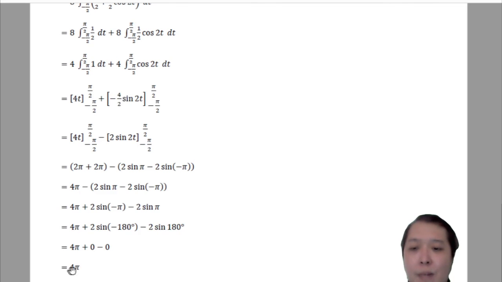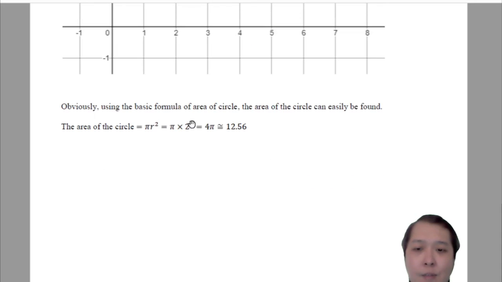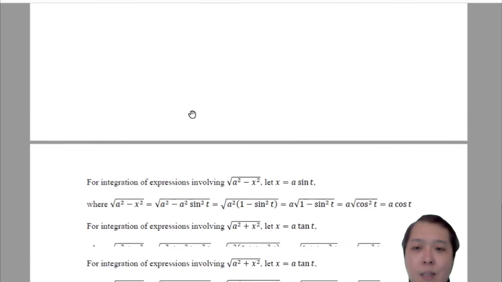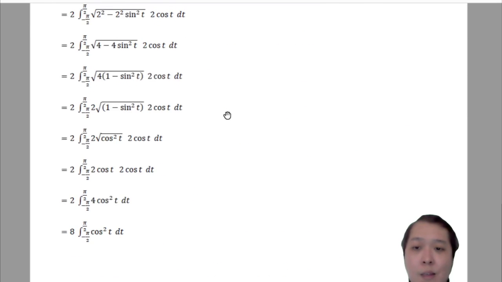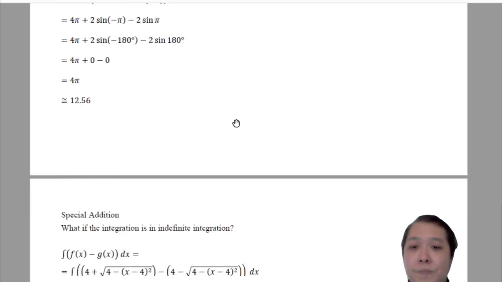So we have 4 pi here in the end after all this calculation. 4 pi, that's the area of that circle. So awesome, right? Something very simple here, pi times 2 times 2, can be so long like this. That's the beauty of math.